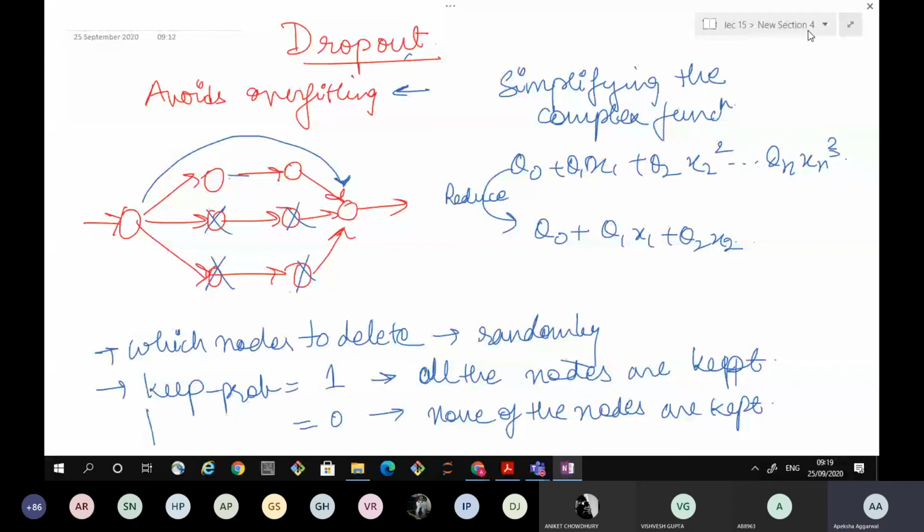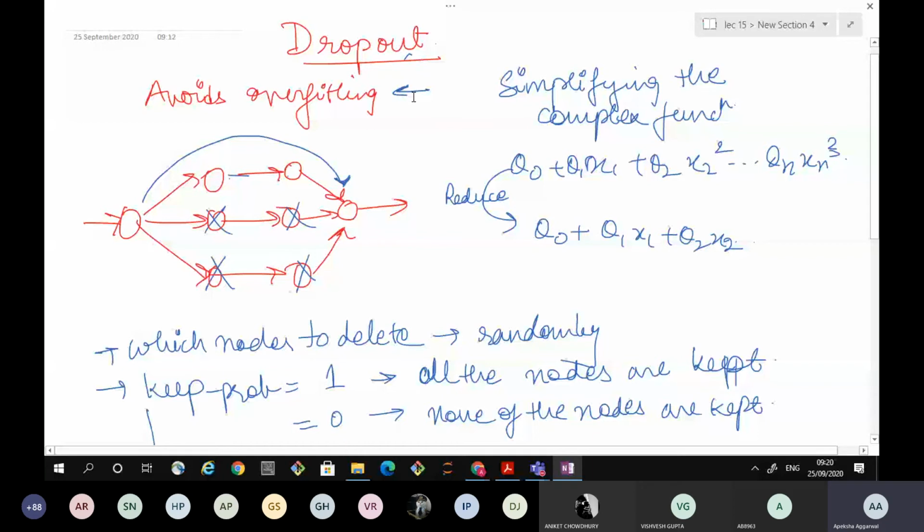The third overfitting method that we have is dropout. In dropout, we randomly delete some nodes to simplify the function, to simplify the overall hypothesis, so that my network's final output function is not overfitted to the whole data set. Whenever we are training the model again and again, some new random nodes are deleted.